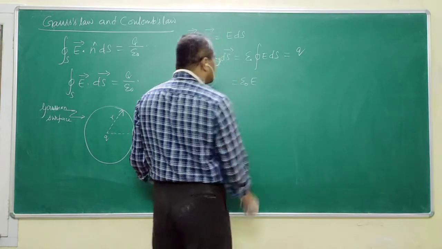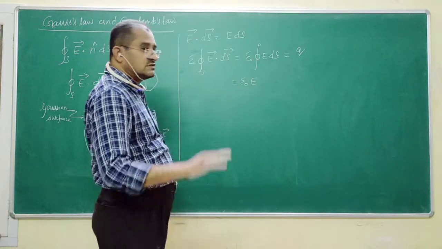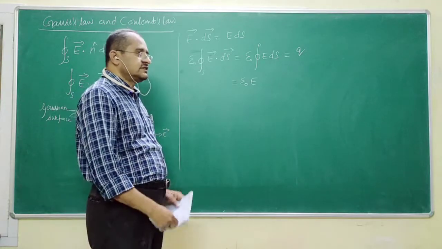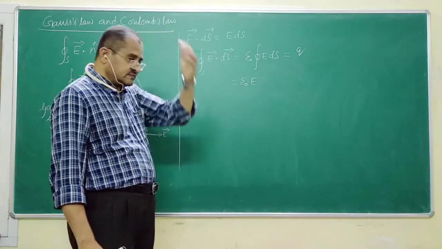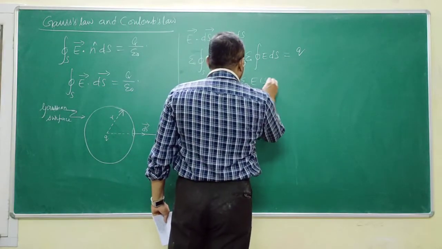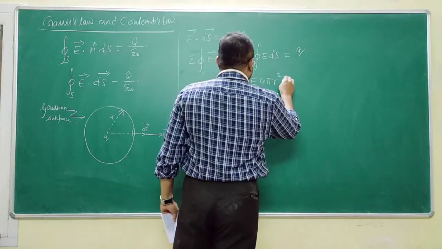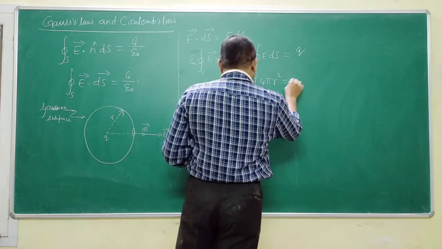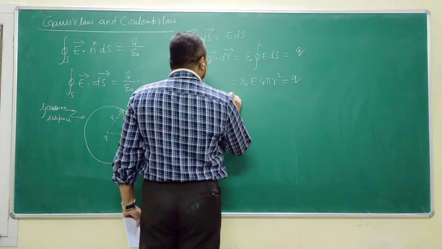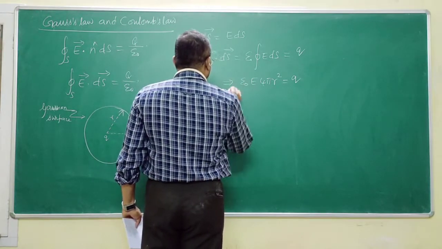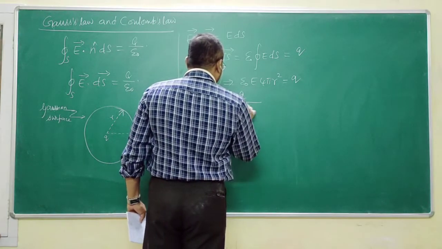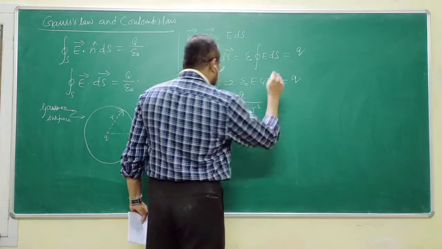As I said, electric field is a constant, because to apply Gauss's law, the charge distribution must be uniform. When charge distribution is uniform, electric field is uniform, so E is taken out. Surface area 4 pi r squared is equal to q. From this, E will be equal to q by 4 pi epsilon naught r squared.